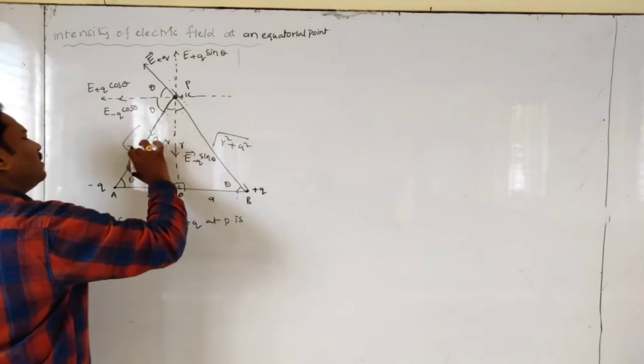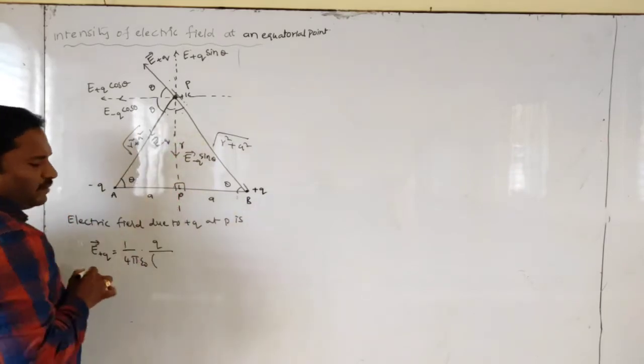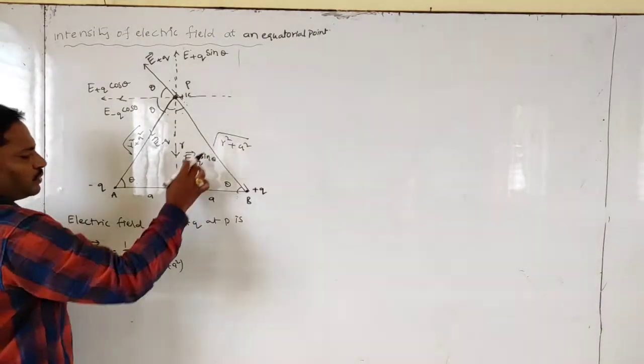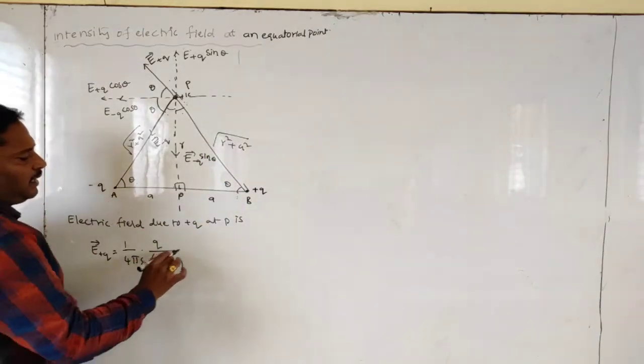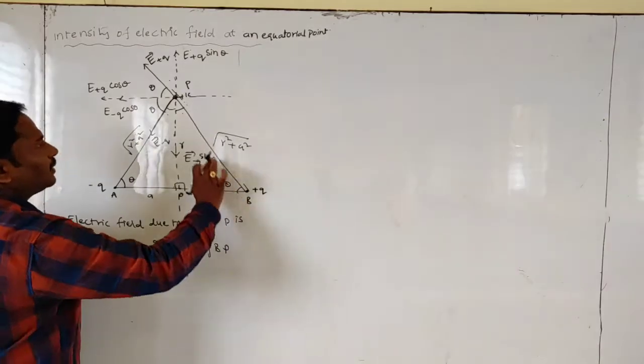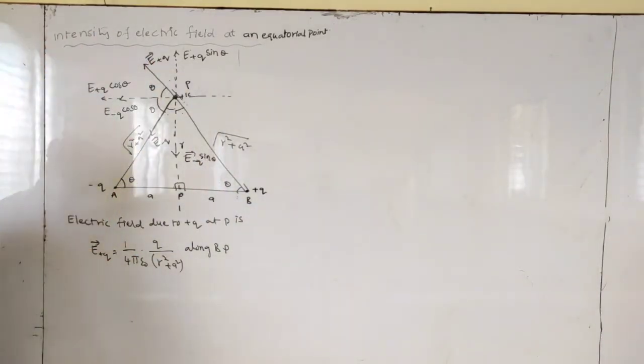Here also R square plus A square, so (R square plus A square) to the power 1 by 2 squared will cancel. It is acting along B to P.